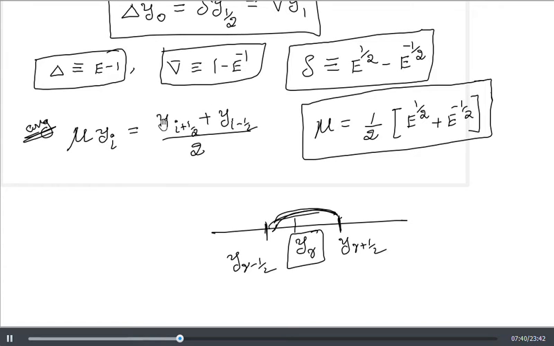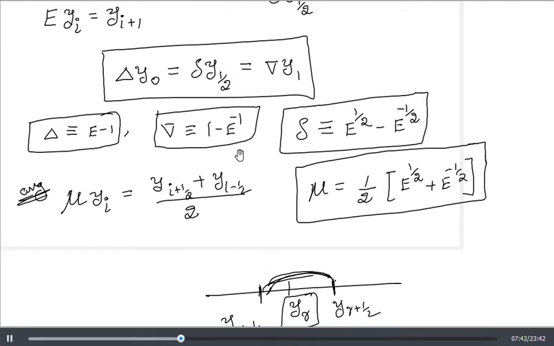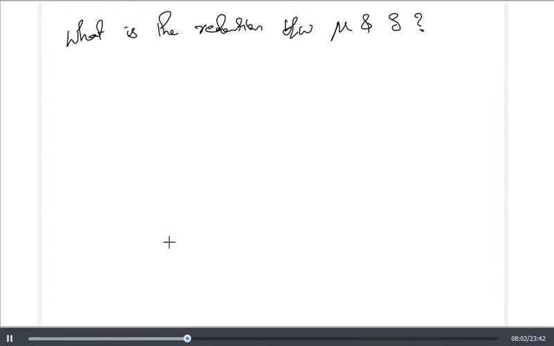You can actually get some relation between the difference operators and average operators. Right now I'm trying to do one. So now the question is, what is the relation between mu and delta? Let's try to answer this question.